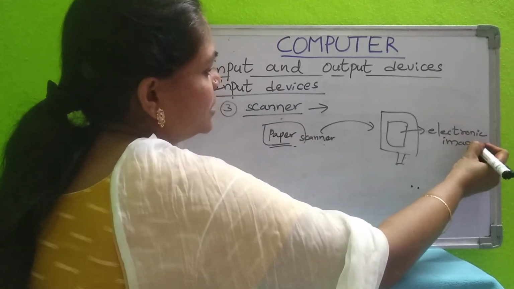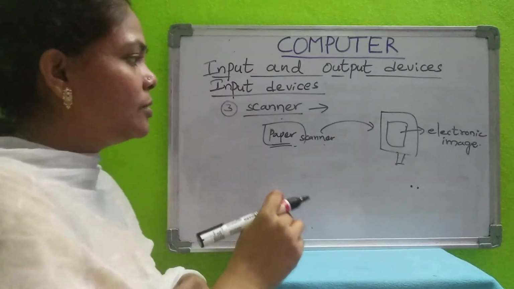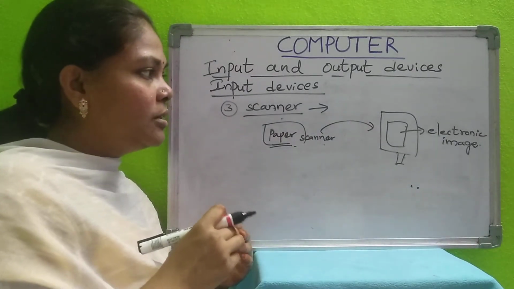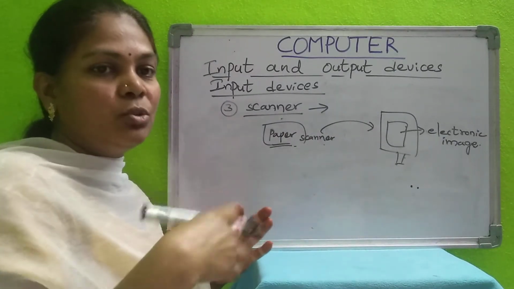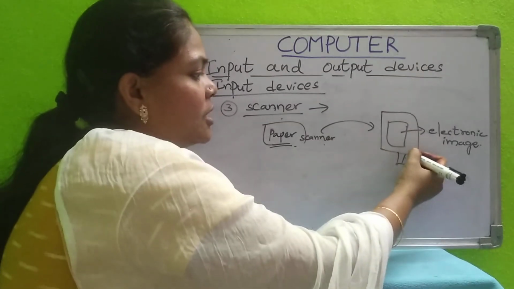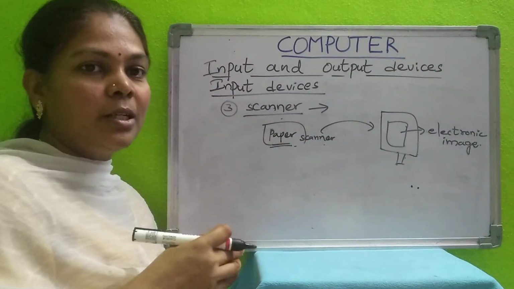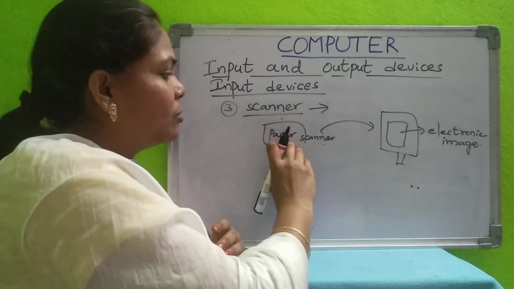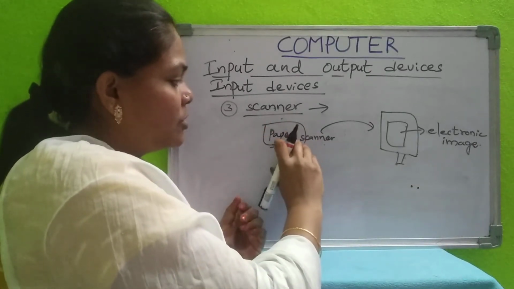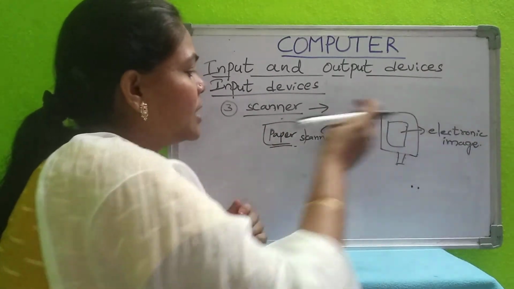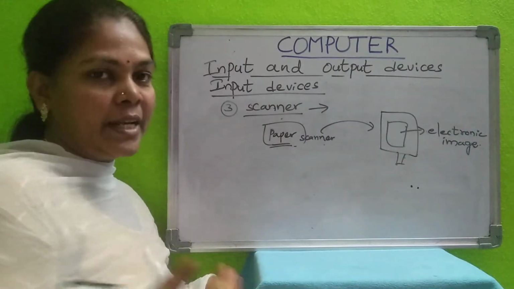For that we use this scanner. Suppose you want to send any written information to others through mail or WhatsApp, you can send that information. And to convert any image into an electronic image, we use this scanner.